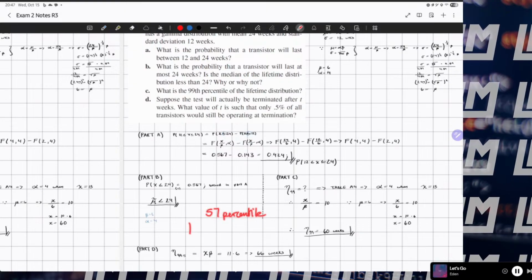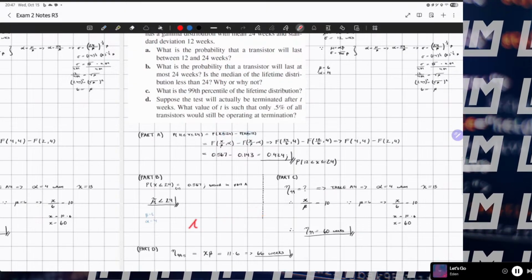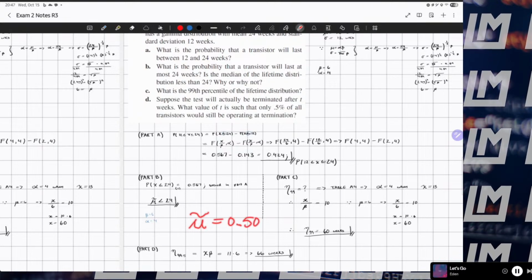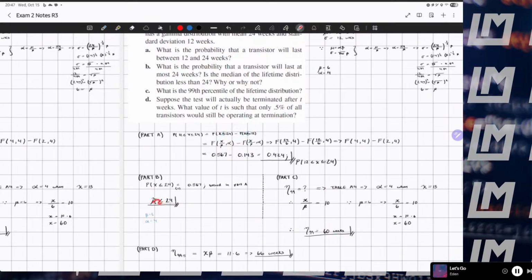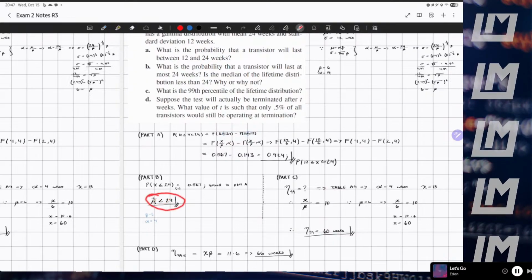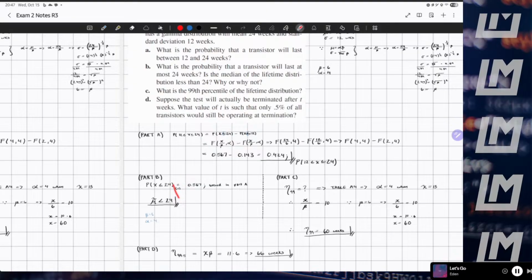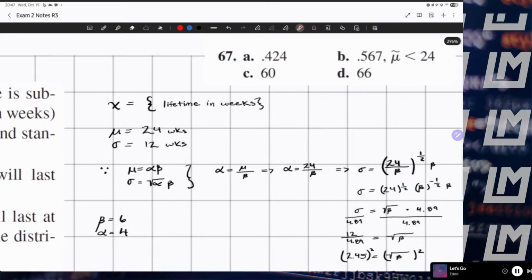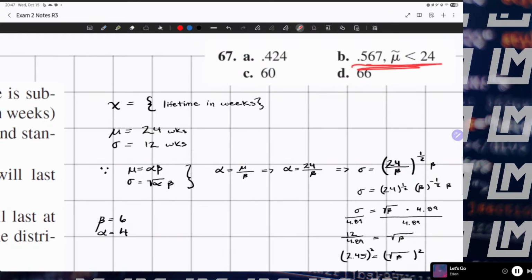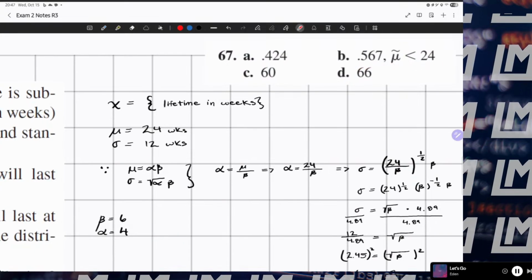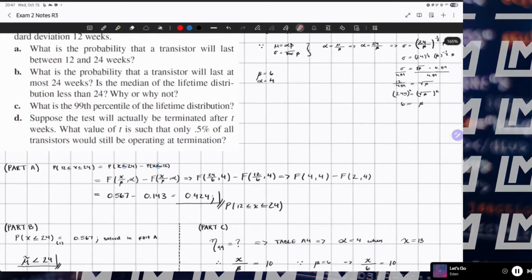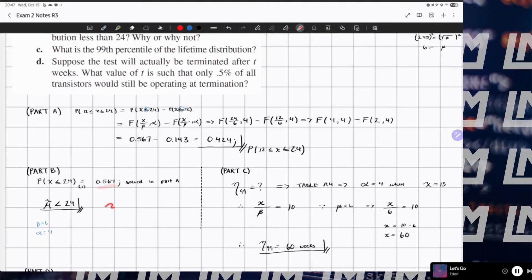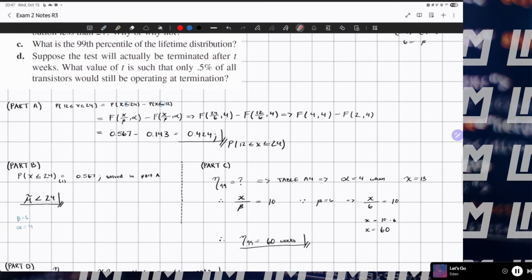The mu, the median, has to be equal to 0.50. So we know that the median is in fact less than 24. And yep, it shows it right here. It's the same value, 0.567, where the median is less than 24. And that is right, because this is greater than 0.5.